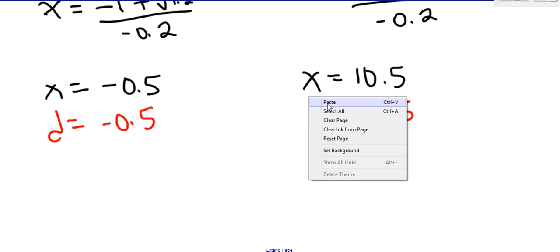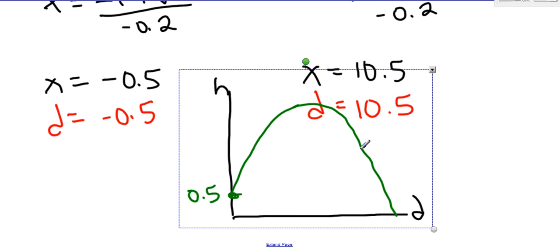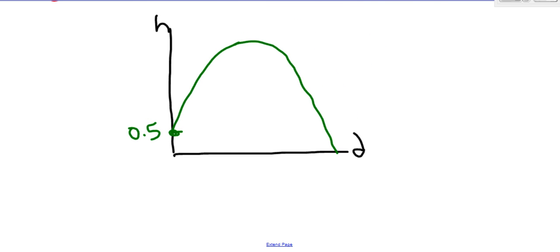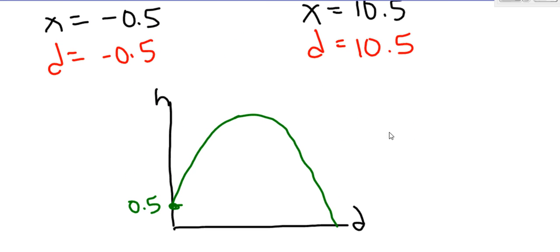Let's look back again at this diagram and interpret the math that we just did. So the math we did tells us that there are two places where the height is 0. One of them, apparently, is about here at negative 0.5 seconds. And the other one is over here at 10.5 seconds.